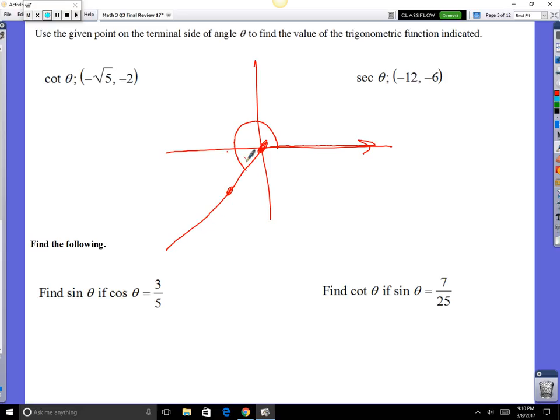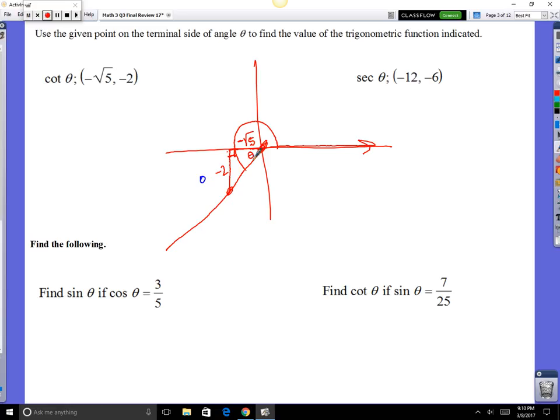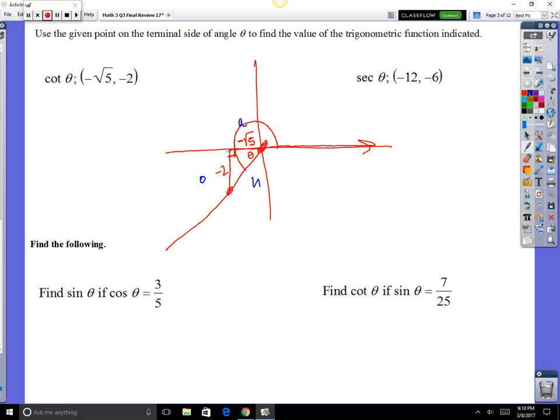Now I'm going to do trig from this triangle right here. If I go vertical and make a 90, I know this is a negative 2, and this is negative square root 5. If I label my triangle, this is the opposite, this is the adjacent, this is the hypotenuse, and you need cotangent.